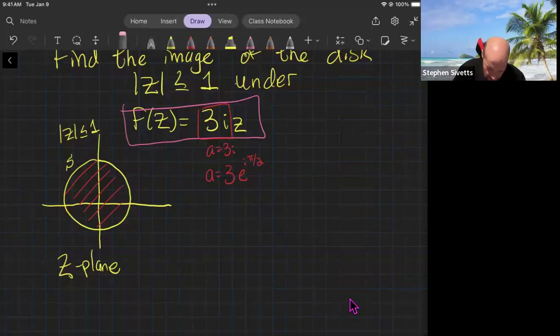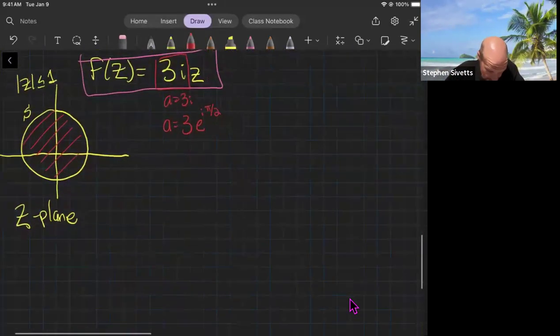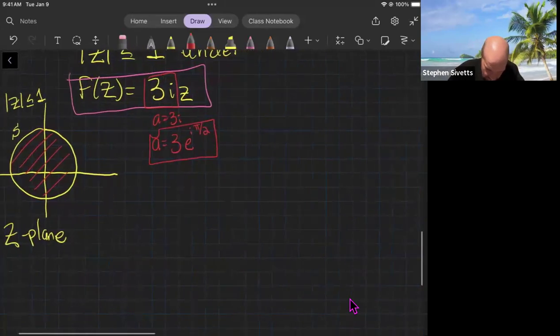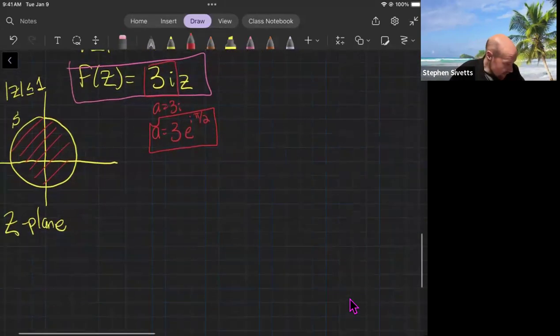That point is on the positive y-axis, so one of the quadrantal angles, at an angle of pi over 2 radians. Okay, so this is how you would look at 3i in terms of polar coordinates.